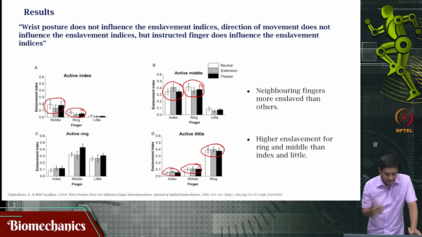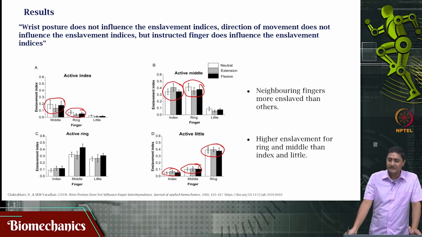It appears like the white bar in a given active condition is not very different. By the way, these error bars are standard errors of means. We had 8 participants participate in this study. Of course, we observed that the neighboring fingers are more enslaved than the distant fingers, and we observed that the enslavement is higher for the middle finger and the ring finger when compared with the other fingers, index and little fingers.